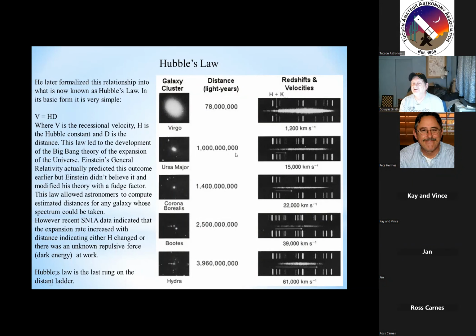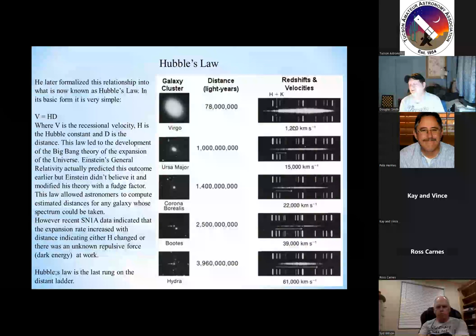And then a galaxy in Ursa Major, which is farther away, 1 billion light years away. You see how far the lines have been shifted. And then a galaxy out in Corona Borealis, which is 1.4 billion light years. You see the lines are shifted farther. And you notice that the radial velocity is going up too. They're moving faster as they go farther away.